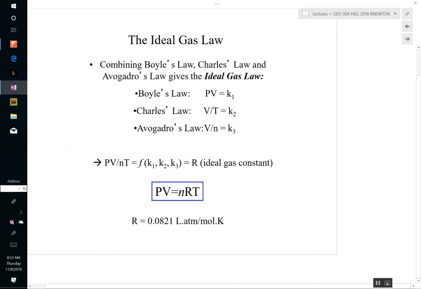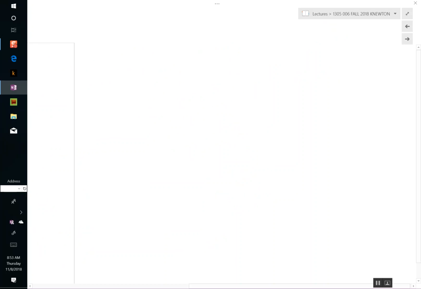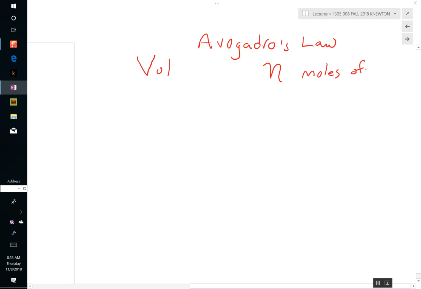Okay, before I get to the ideal gas law, I'm going to just mention Avogadro's law. Avogadro looked at the relationship between volume and the amount of gas, the moles of the gas.